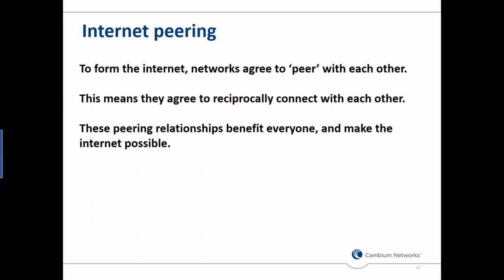This is really how the internet is created. These peering relationships exist across continents and across the whole world, which is what allows you to take something, say, on AT&T's network in Chicago, and access a website that may be in Britain on British Telecom's network, because those two network operators have this peering relationship between them.